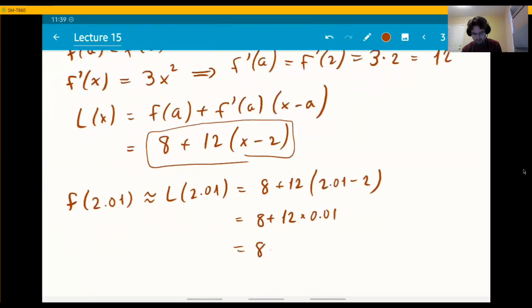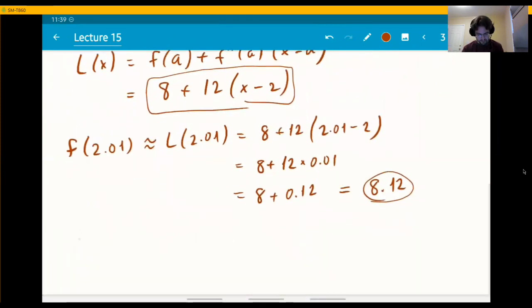That's 0.12. You're basically dividing by 100 when you multiply by 0.01. So you find the value 8.12. This is the approximate value.